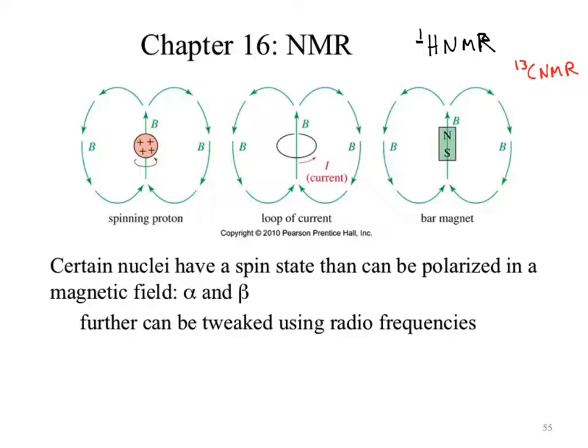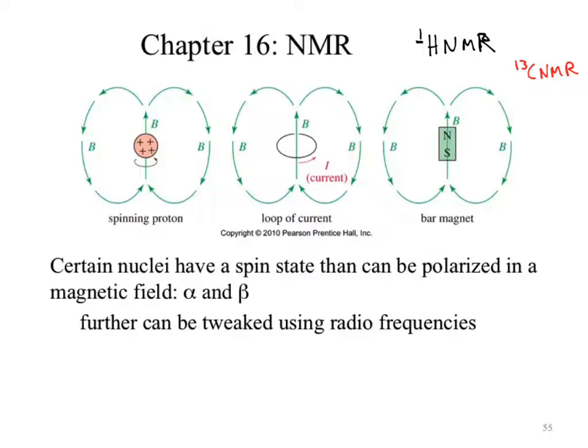I have to do multiple trials and add those trials to get enough signal to detect it away from the noise of the background. So carbon NMR takes a lot longer than hydrogen NMR. There are other isotopes that have similar issues. Okay? We have to have that magnetic system.